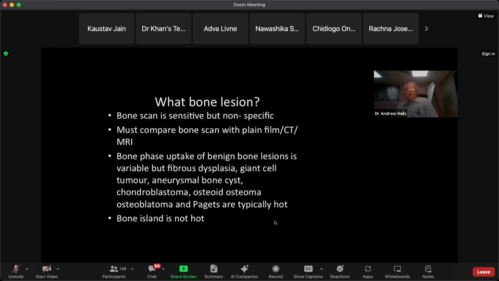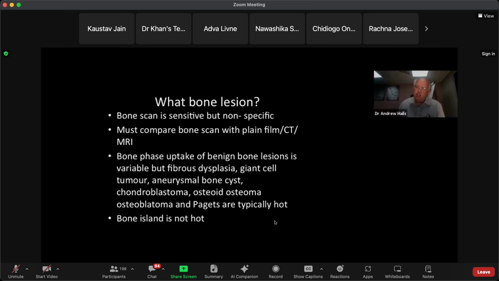So, as we probably mostly all know, bone scan is very sensitive, it's non-specific. You need to compare it with the other imaging. There are quite a lot of benign bone diseases which have increased uptake, such as, if you've seen, Paget's disease, fibrous dysplasia, giant cell tumours, aneurysmal bone cysts, quite often enchondromas.